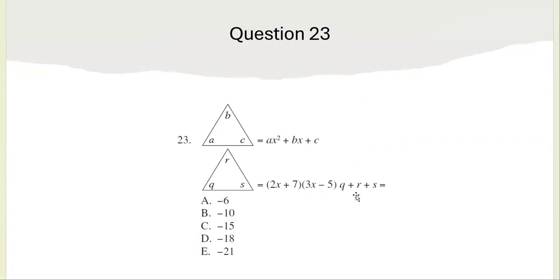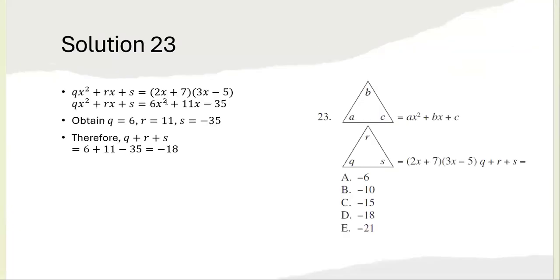So this triangle thingy would represent qx squared plus rx plus s. Sorry, wrong letter. We can expand this factored form as 6x squared plus 11x minus 35. So then q is 6, r is 11, s is negative 35. We're interested in q plus r plus s. Add them all together, you get minus 18.